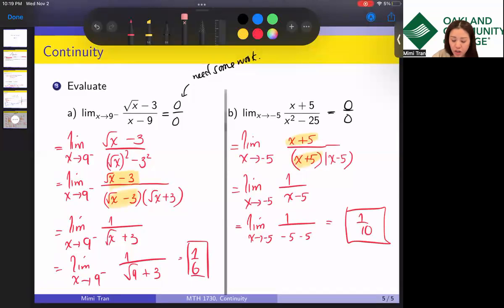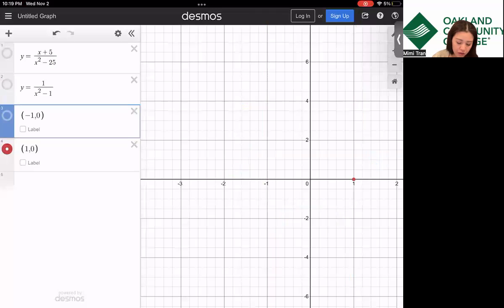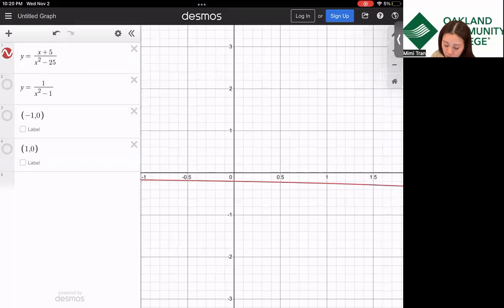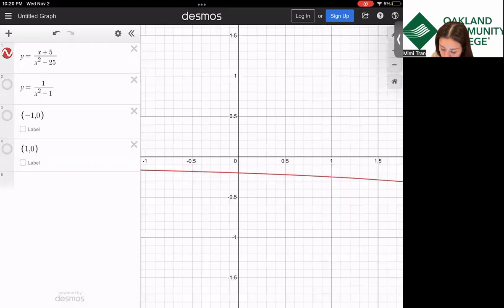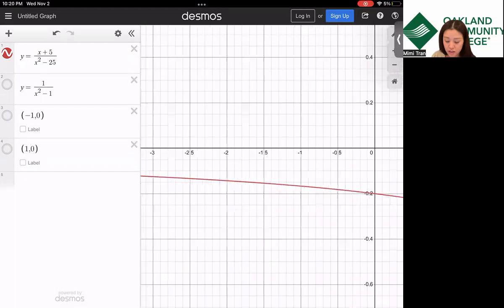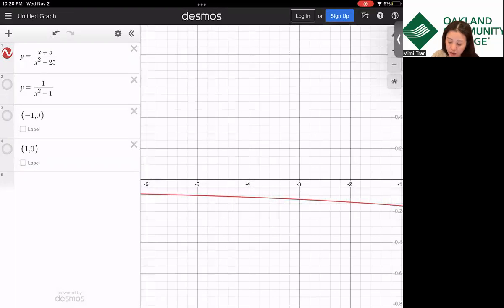By the way, you can check it with your graph to see where the graph goes. Let's take a look at the graph. I'm going to mute that one, then turn on that one. Right. So at -5, the function right here. Right there, I don't know what the point is, maybe -0.02, but it's going to get closer and closer to the x-axis, right? So if I approach -5 from the left and from the right, where does it go?